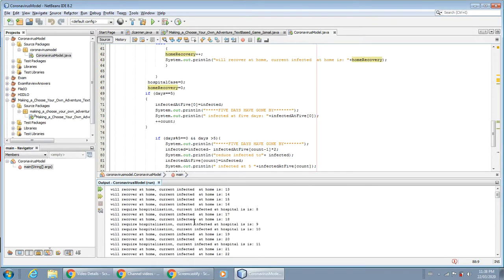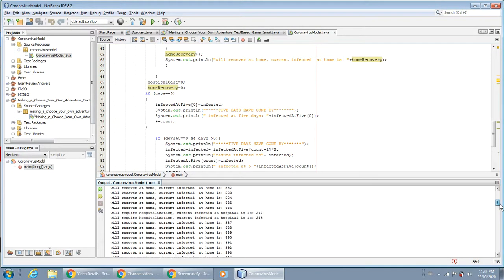Okay, we go into day six. Now with the number of cases, you can see this growth effect because the spacing between individual days is getting larger and larger. And on day 10, it's taking quite a few scrolls to get down.